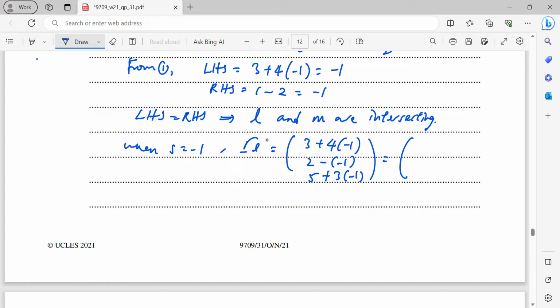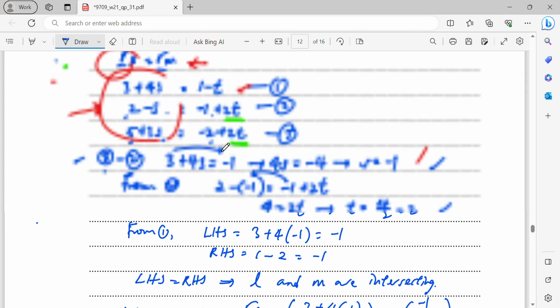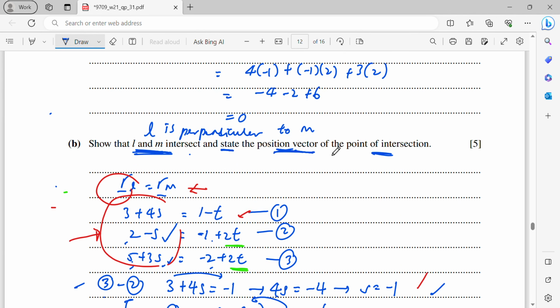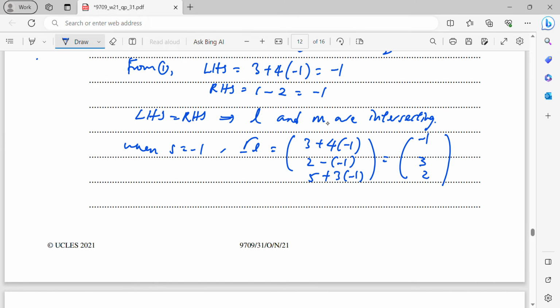So here is going to be minus 1, the second one is 3, and the third one is 2. Okay, so now let's look at the question, position vector. So my final answer will be in vector. Position vector of the intersection point equals minus 1, 3, 2.